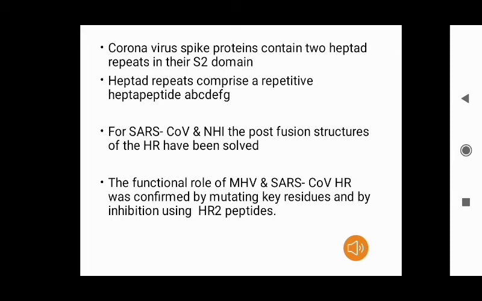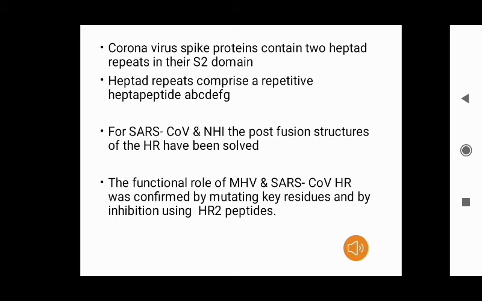These heptad repeats comprise of a repetitive heptad peptide A, B, C, D, E, F, and G, with A and B being hydrophobic residues, which is characteristic of the formation of the coiled coil that participate in the fusion process.